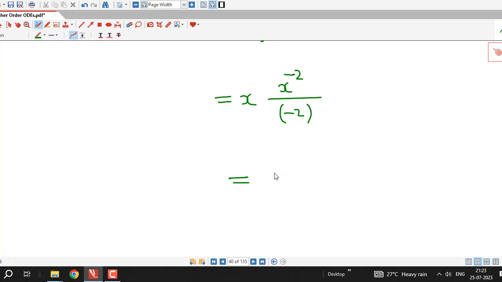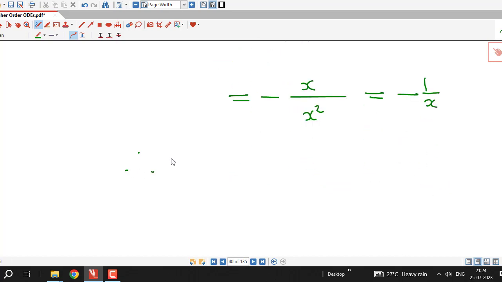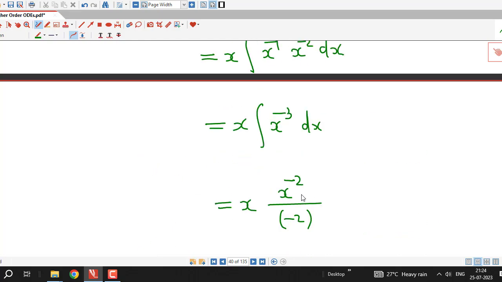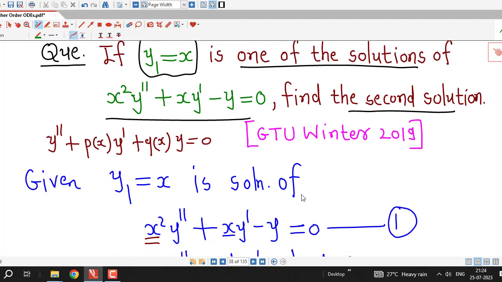And finally I will have x divided by x square, that is minus 1 divided by x. And therefore the second solution is y2 equal to minus 1 divided by x, and first solution was y1 equal to x. So in this way you can easily obtain the second solution if one solution is given.